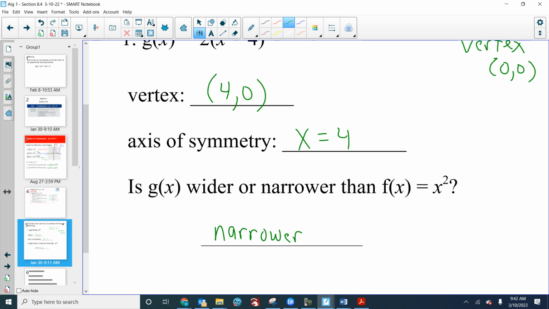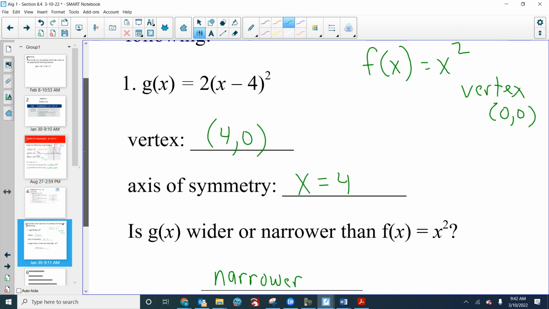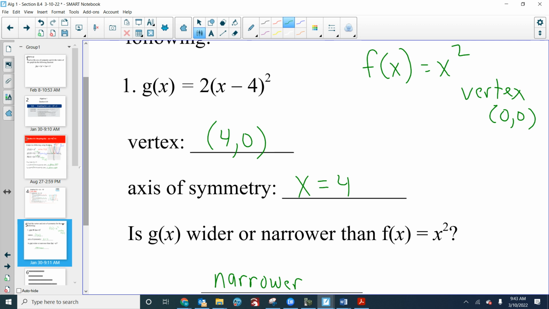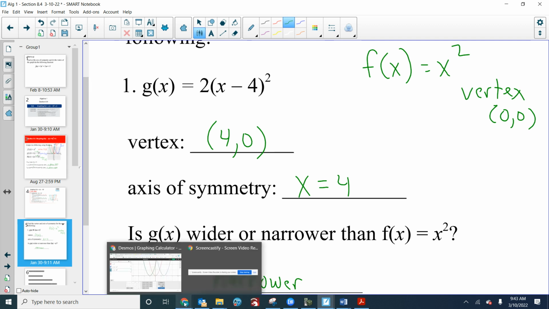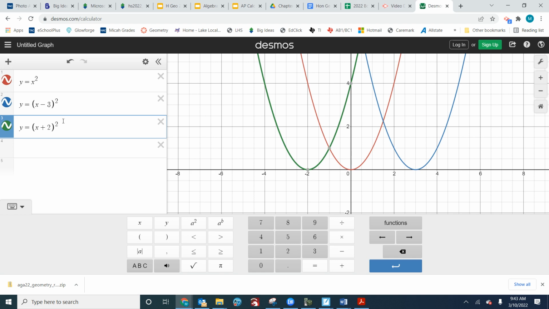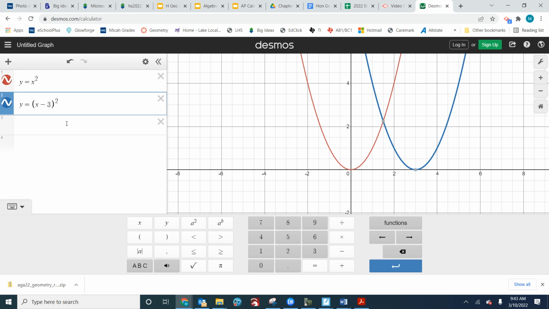Now, you guys have to tell me that. All right. Go to Desmos. Now, we're gonna get rid of that one. Okay, we're always gonna leave this one. Okay, what do we got?